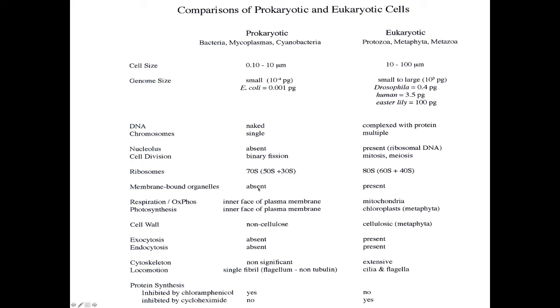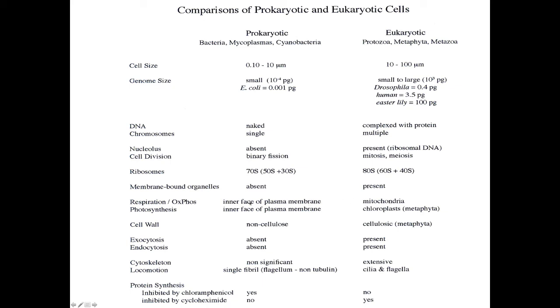Prokaryotic cells do not contain any membrane-bound organelles. Clearly, eukaryotic cells have lots of different membrane-bound organelles. In eukaryotic cells, respiration and oxidative phosphorylation occur in mitochondria, in the mitochondrial matrix and across the inner mitochondrial membrane.